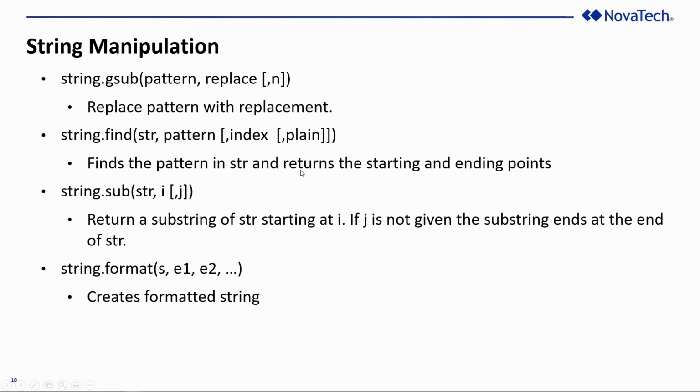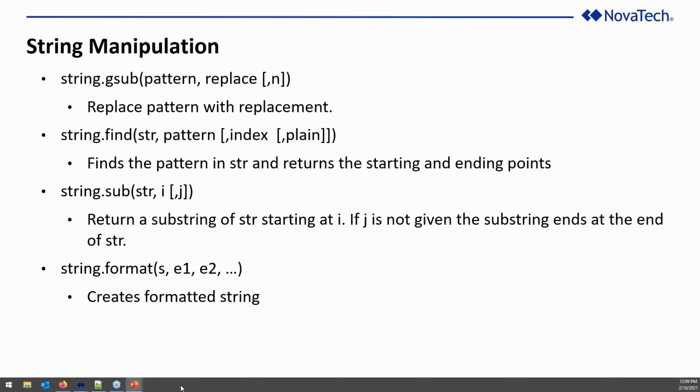String sub returns a substring of a string, starting at whatever position I and going to position J. If there is no J, it returns the substring from I to the end of the string. And then string format allows you to format a string, and there are some good examples that we'll go into coming up.